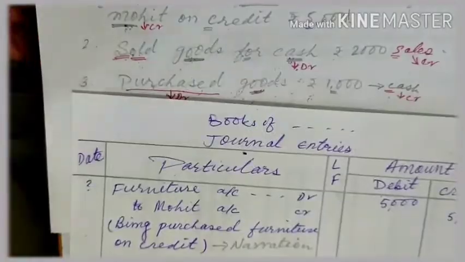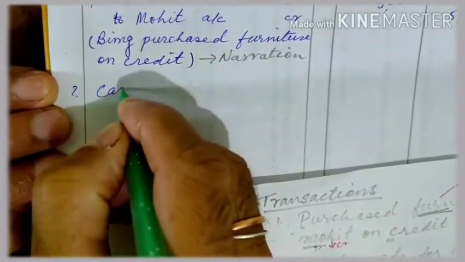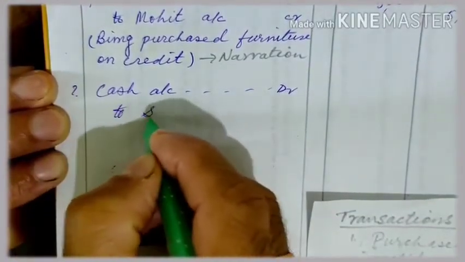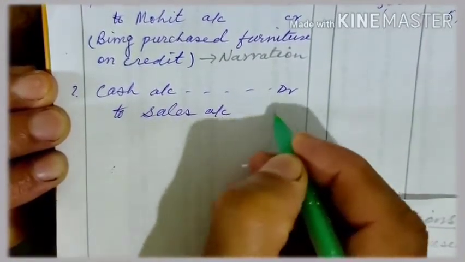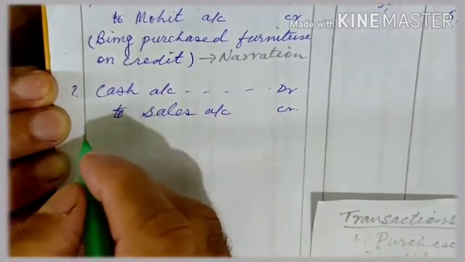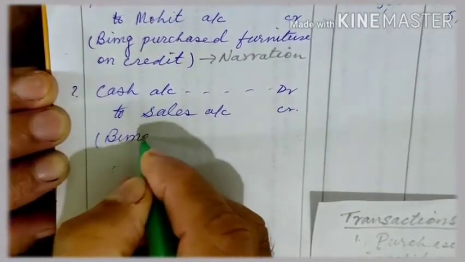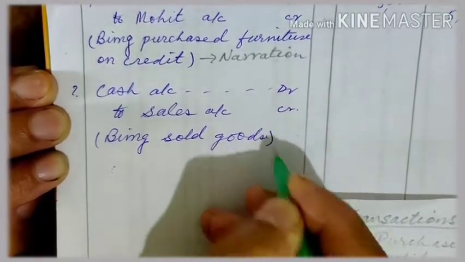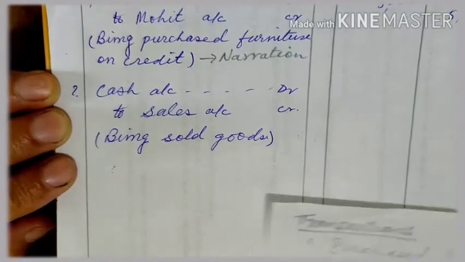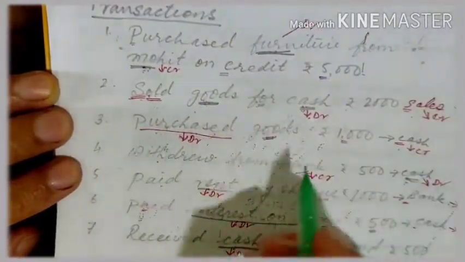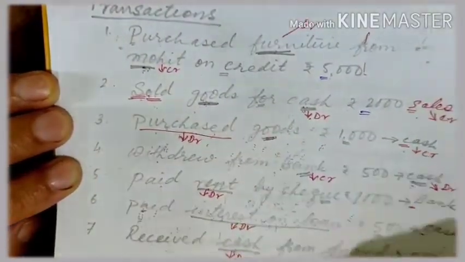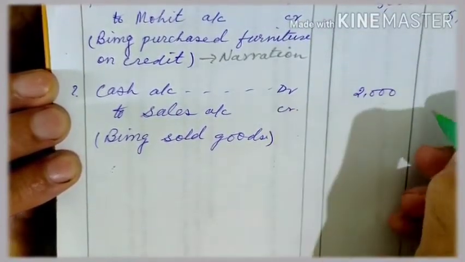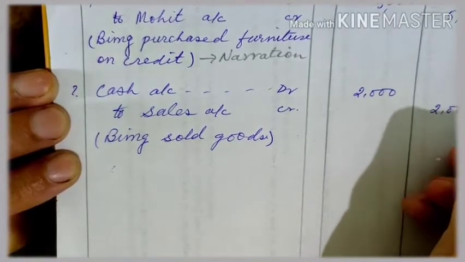So you will have the entry cash account debit to sales account credit, and then the narration being sold goods, and the value of the transaction is 2,000. So we have 2,000 on the debit and 2,000 on the credit.